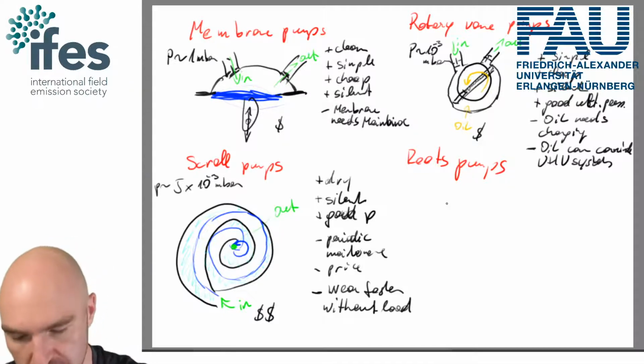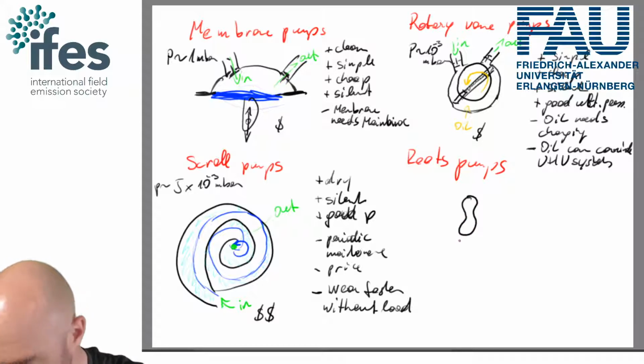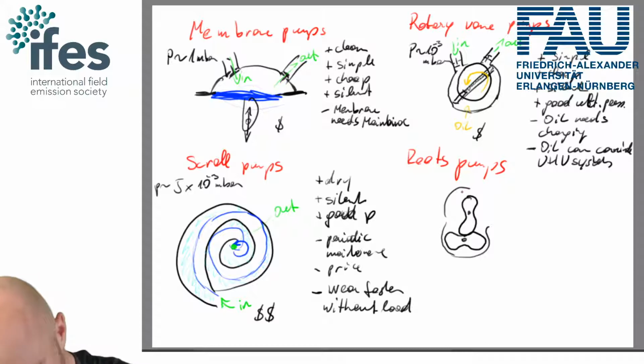And as a last pump, what we have are so-called roots pumps. Roots pumps are usually multi-stage pumps, but I'll just draw one stage. They essentially work by having high precision, dog bone shaped components in here.